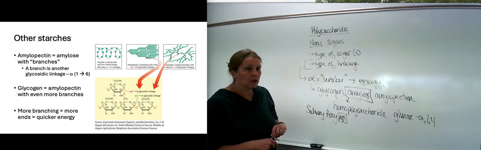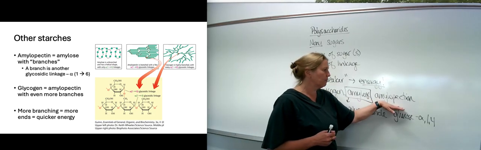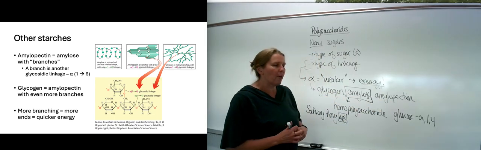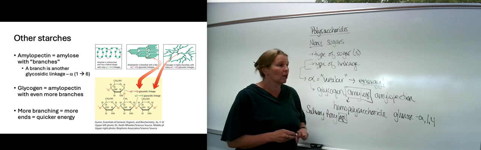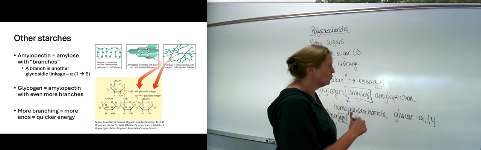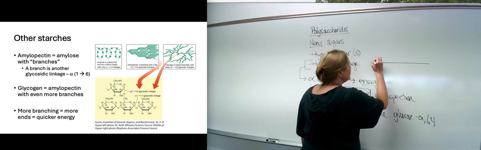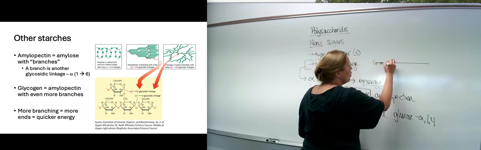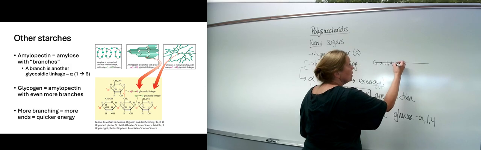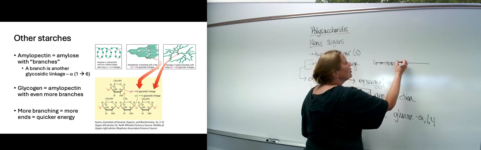However, glycogen and amylopectin have what we call branches. I'm not going to draw 15 different sugars, but let's just pretend this straight line here is glucose alpha 1,4, right? So you have your carbon 4 here attached to your carbon 1. But now we have carbon 6.